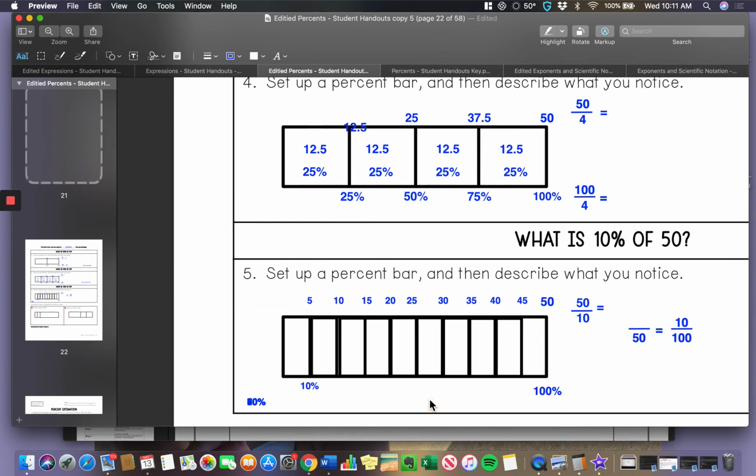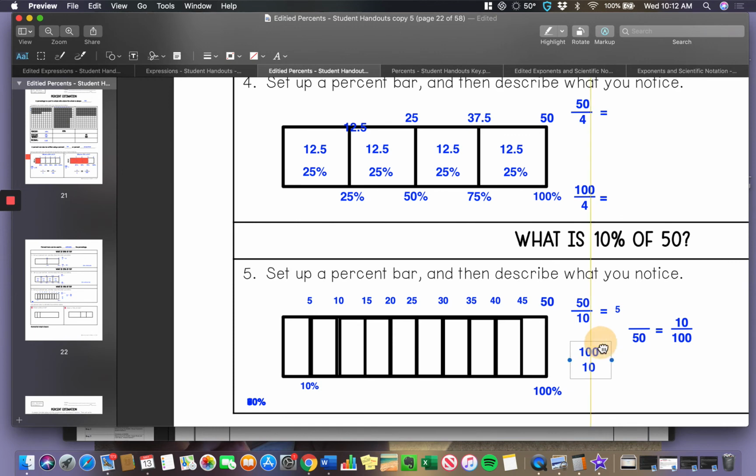Now, on the bottom, we need to know how much each of these is worth. Well, again, you can take your 100 and divide it by how many boxes there are. So there were 10 boxes. So 100 divided by the 10.